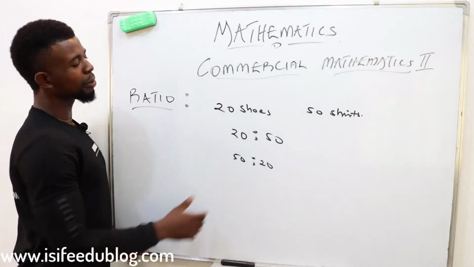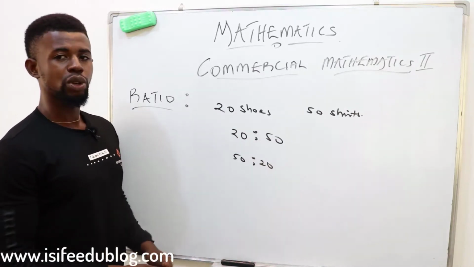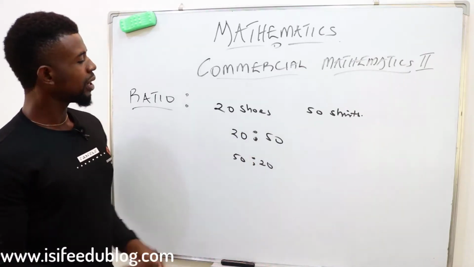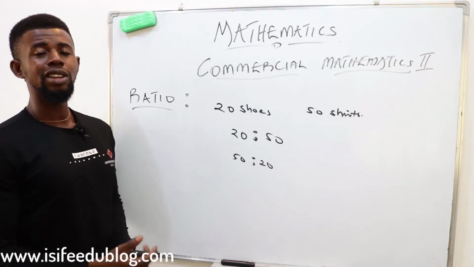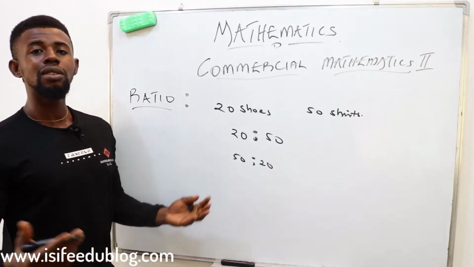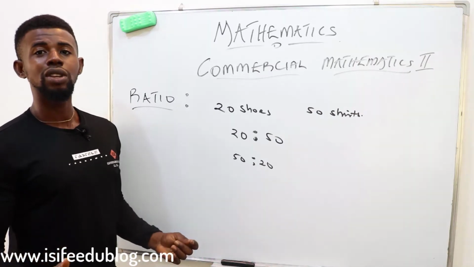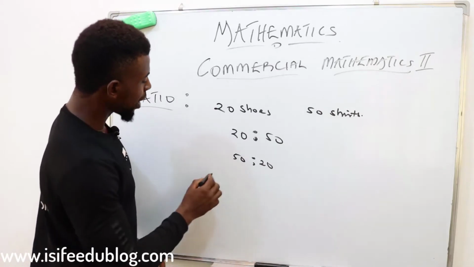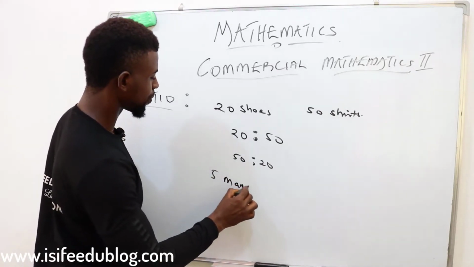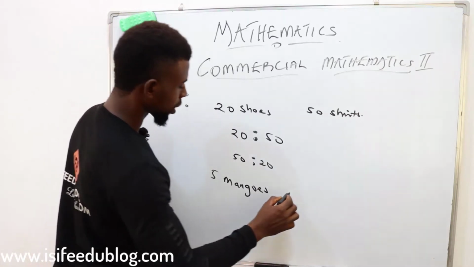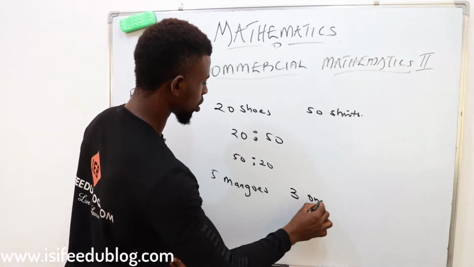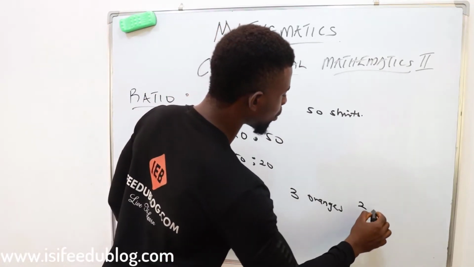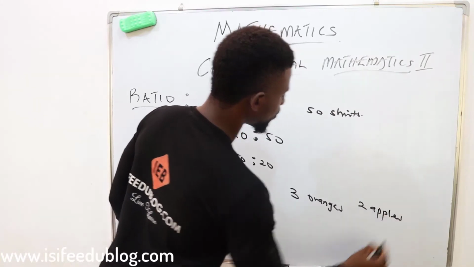Now, just like what we have on the board now, this is how we represent ratio. Ratio is represented using a colon. Now, we can represent three items. For example, if I have a bag that contains 5 mangoes, 3 oranges, and 2 apples.